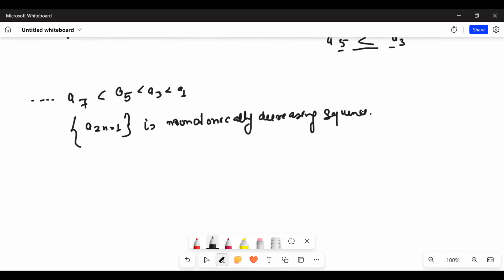Okay, this is one. Now think about the even subsequence. How would the even subsequence behave?